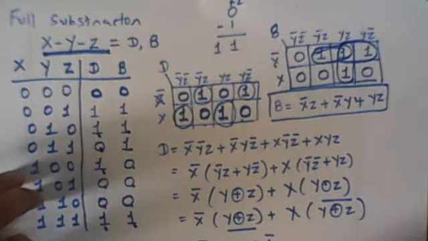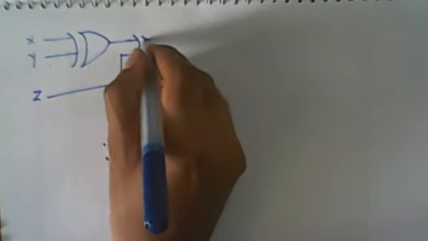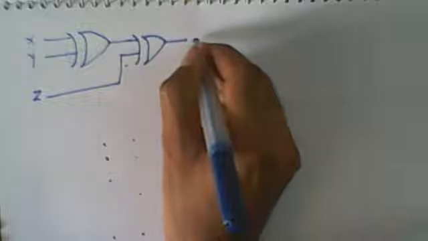Right? Let's implement it. For the implementation of the full subtractor using different logic gates, x and y we XOR, and it is XORed with z. It produces the difference.